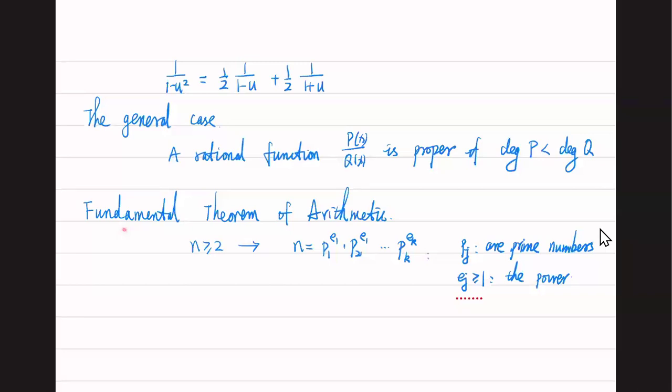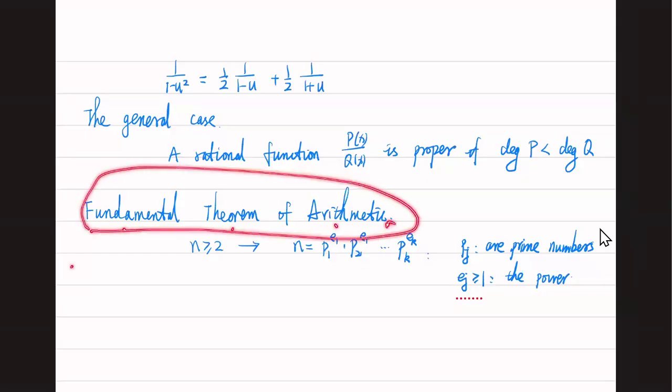Why do we have this? Because we have a system of fundamental theorems. In this course, we just learned one, the fundamental theorem of calculus. Okay, Elisa, what's that?